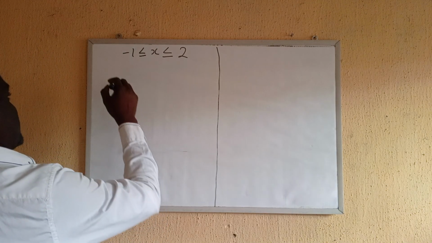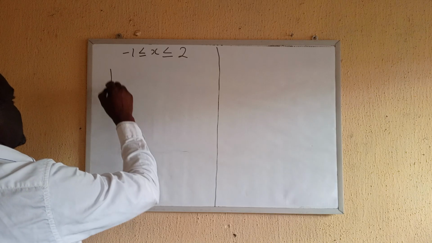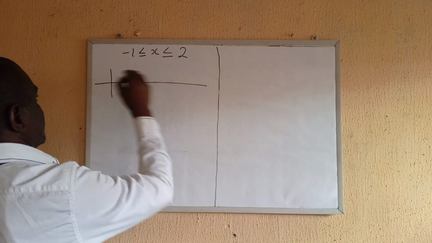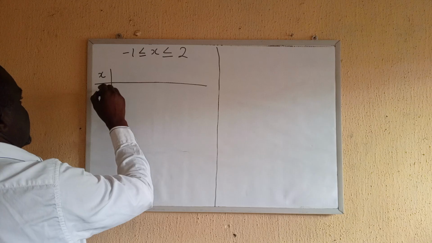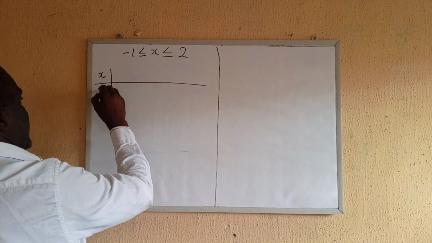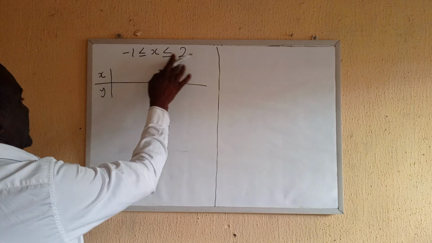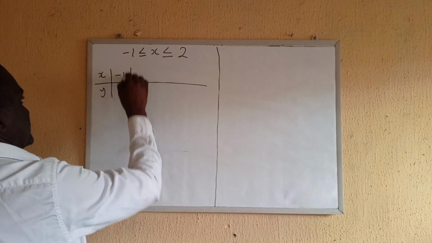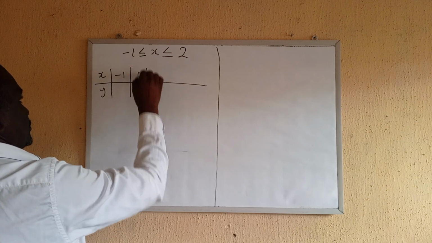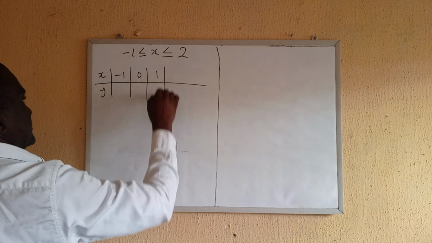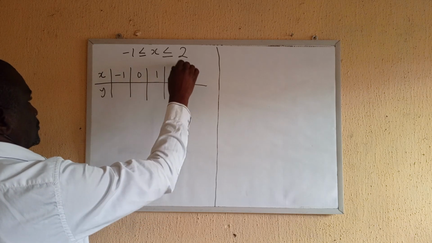So that means we have a table of values like this. We have x values and we have y. So this interval is given as -1, 0, 1, 2.